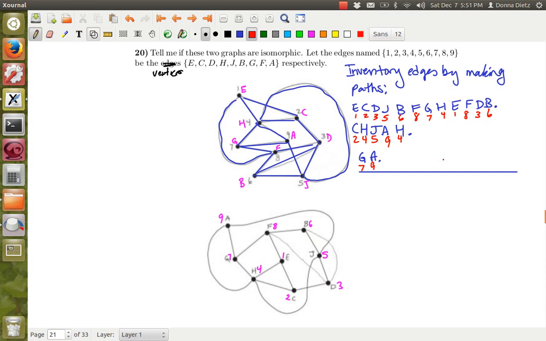Okay, so again, I don't have to do that if I've already got all the labels copied over. Okay, so now I'm saying I have a path 1, 2, 3, 5.